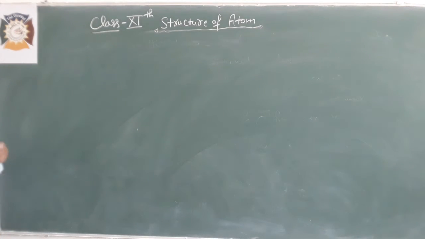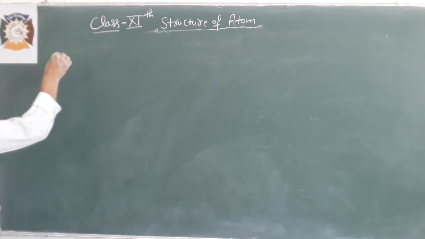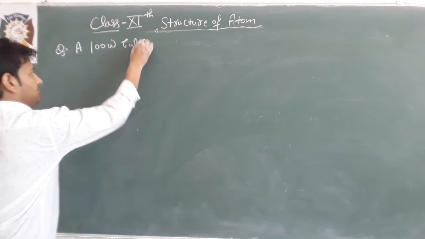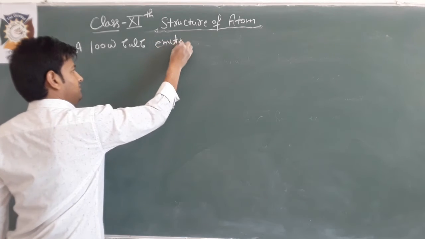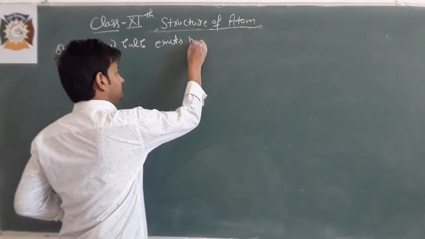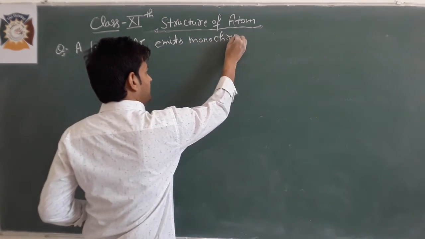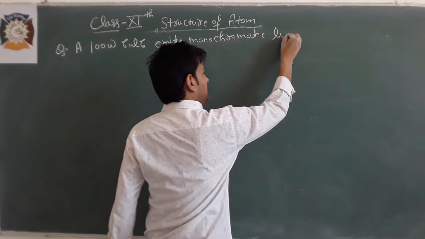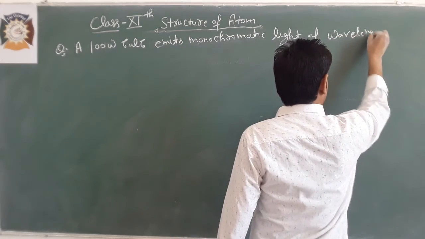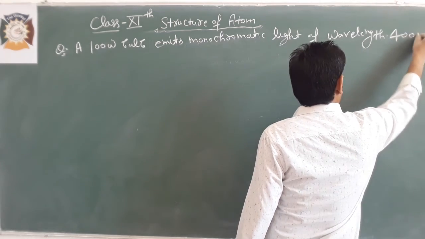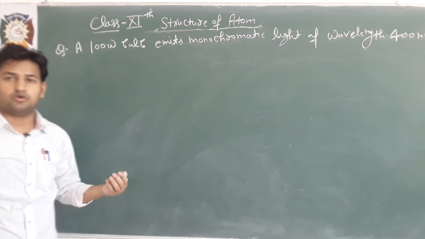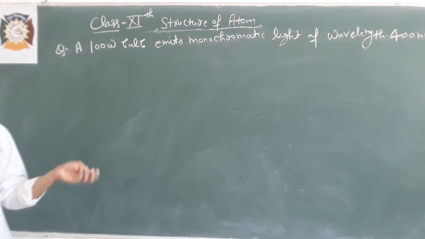The question is: a 100 watt bulb emits monochromatic light of wavelength 400 nanometer.